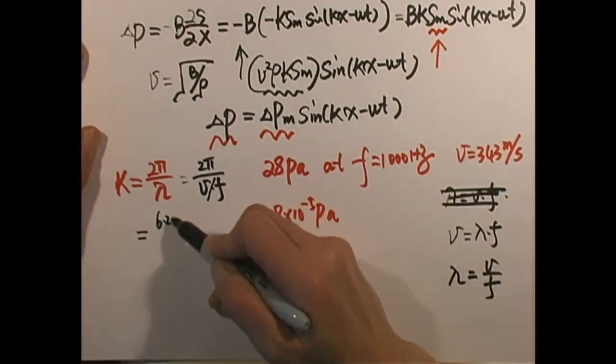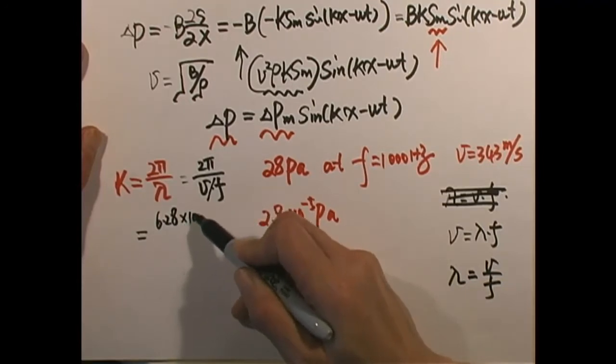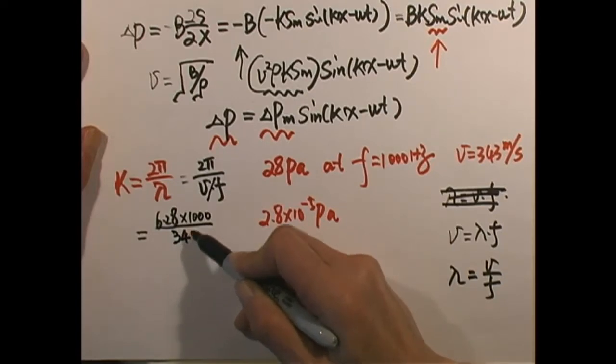We can calculate the wave number in this case. That is 6.28, which is 2 pi, times f, which is 1000 Hertz, over the speed of sound, 343 meters per second.